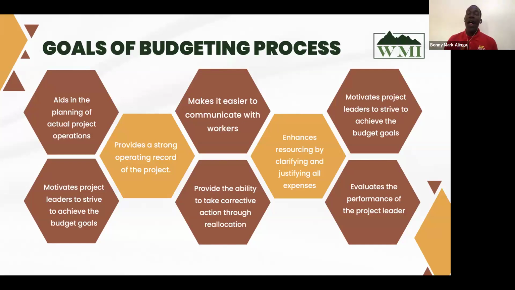One is that the budgeting process aids in the planning of actual budget operation. It helps you to actualize the budget operation, and it also motivates the project leaders to strive to achieve the ultimate budget goal that has been developed.